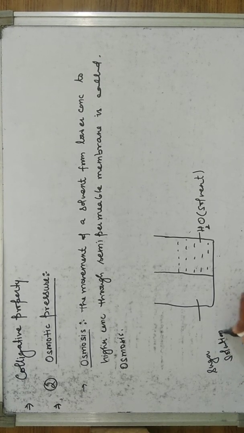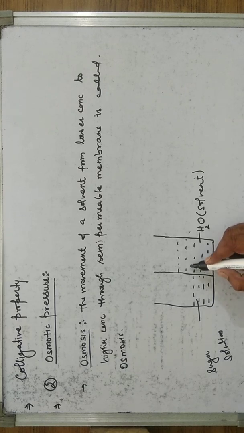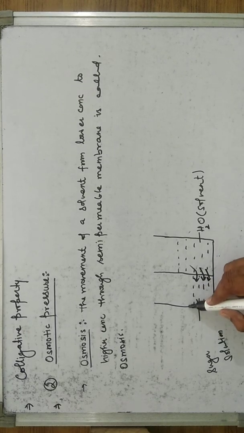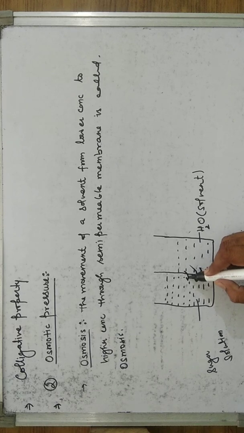Here the concentration of sugar is high, level is this. If we stay for some time, the solvent starts to move from lower concentration to higher concentration, and slowly the level of the water or solvent rises in this solution. This movement is known as osmosis.